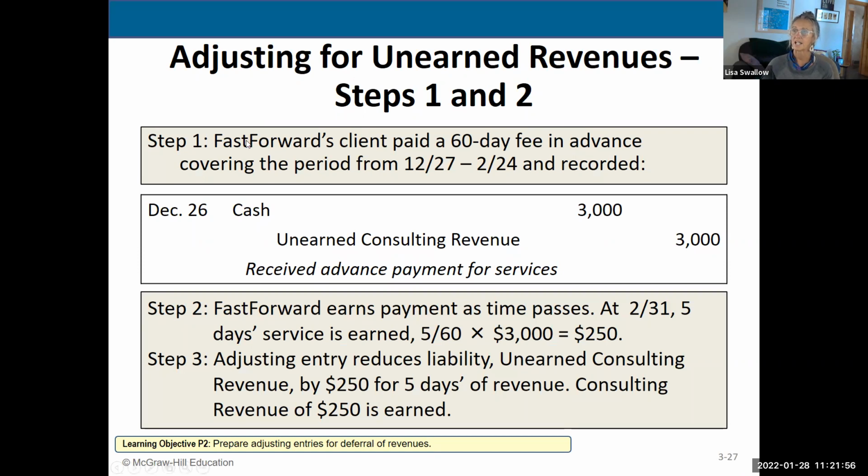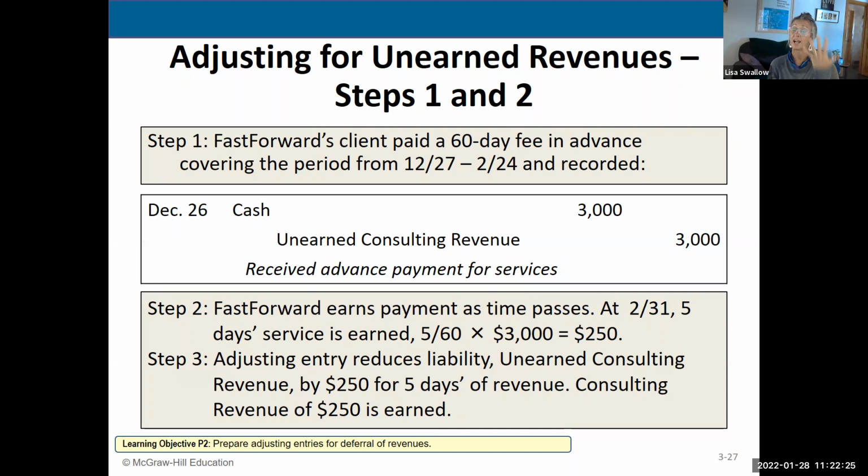So in this example, the company's client paid a 60-day fee that covers the period 12/27 through 2/24. And they paid him $3,000 on the 27th of December. So the company cannot put all of that into revenue because they've only earned 5 days of it, 27th, 28th, 29th, 30th, and 31st.